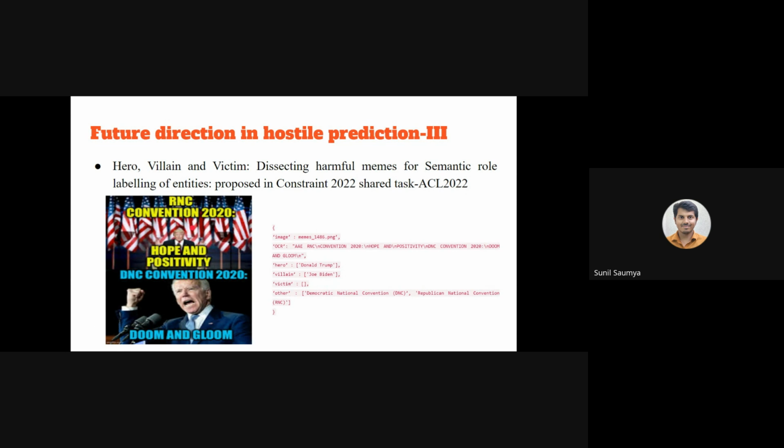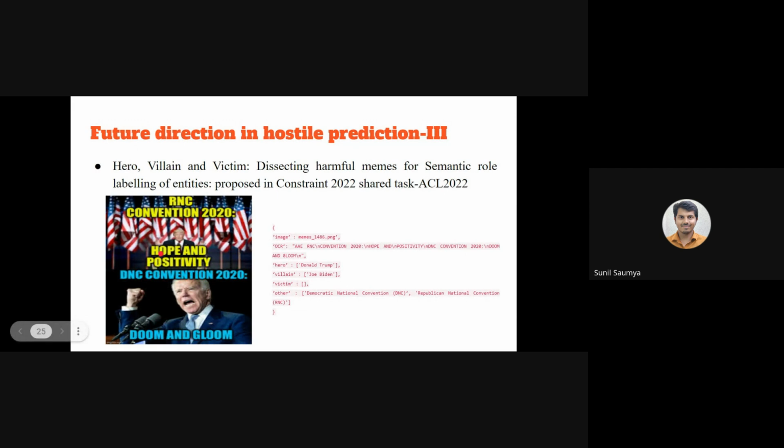So through the meme, how do we identify these persons, or these roles? That's why it is called a semantic role labeling data set. And here it is shown only for English, where all the text is written in English.